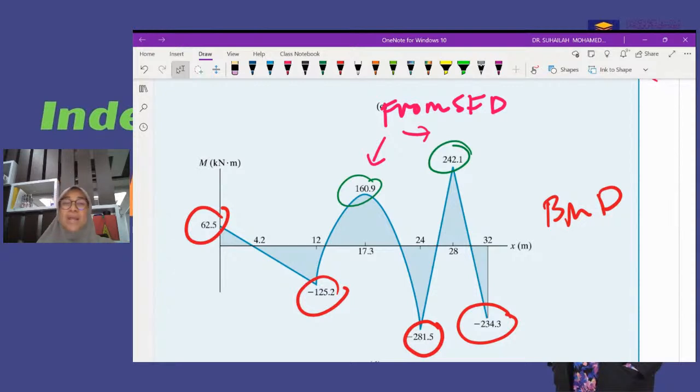For example, what happens if the far end is not fixed, but pin or roller? How do we apply the process when the end has a roller or pin? What if we have to consider settlement in the beam? And what if we want to calculate the fixed end moment in a frame? In frames there are non-sway frames and sway frames. How are we going to analyze all this?